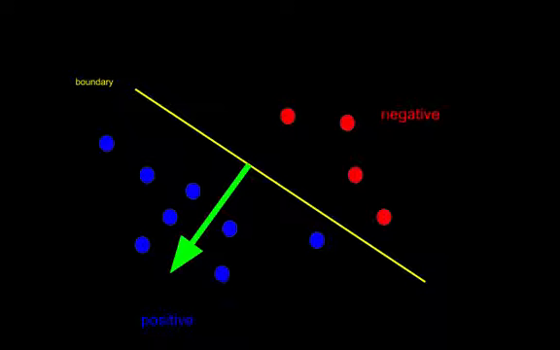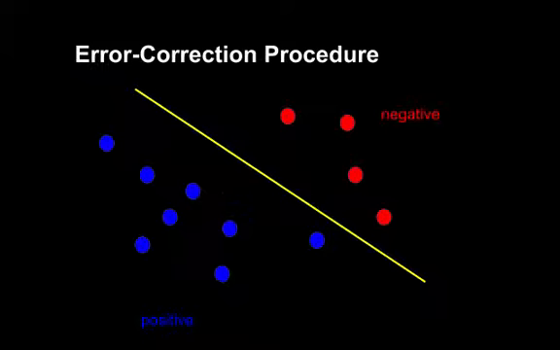You can think about moving the green weight vector or moving the boundary. The rest of these slides, we just use the boundary because it's easier to visualize. But remember that the decision boundary and the weight vector are two ways of thinking about the same thing. As you move the weight vector, the boundary shifts. And what we want to do is move that boundary so that all of our data points are on the correct side of the line.